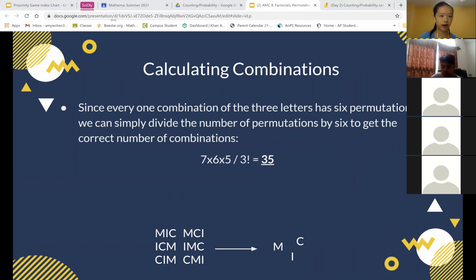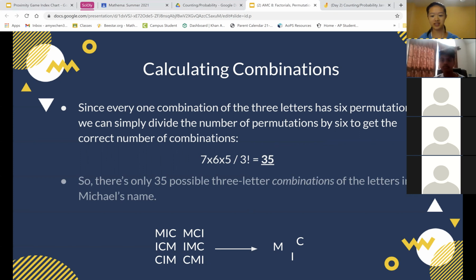It is 35. Just to recap, we did 7 times 6 times 5, but we have to divide by 3 factorial because we're choosing 3 letters, and to go from permutations to combinations, every 3 factorial arrangements has only one combination. I hope that makes sense. It's a little bit complicated to explain.